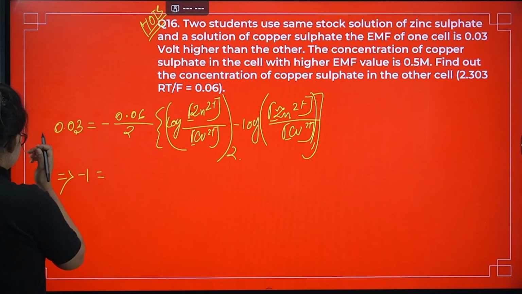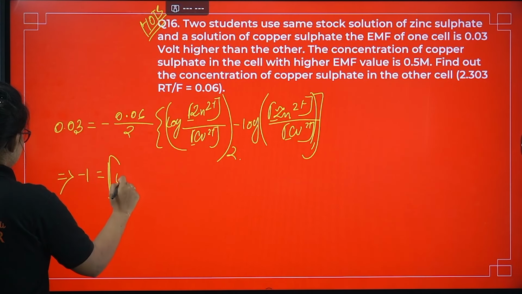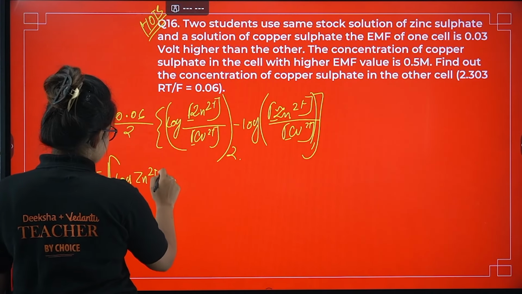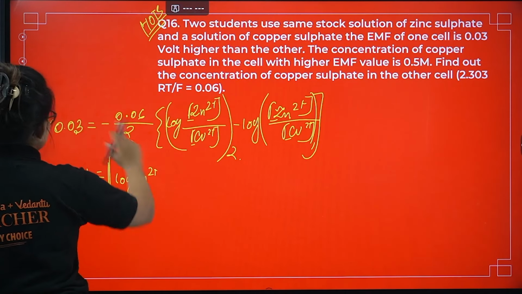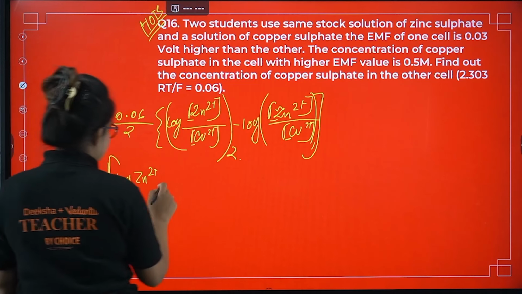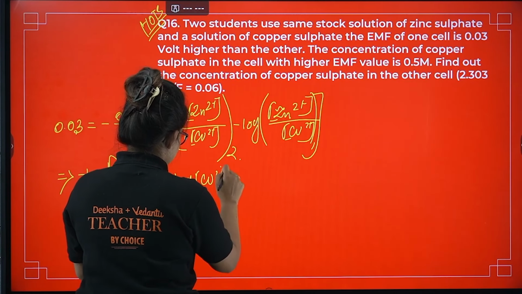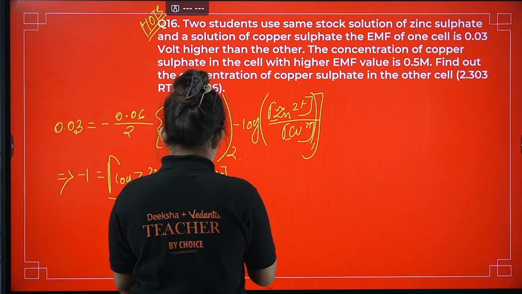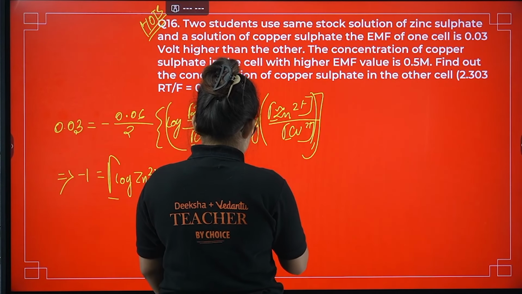For the first case, log Zn2+ and log Cu2+, minus log Cu2+. This is basically your 2, minus log Zn2+.